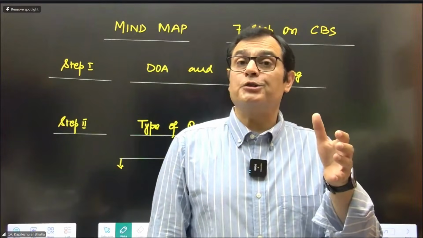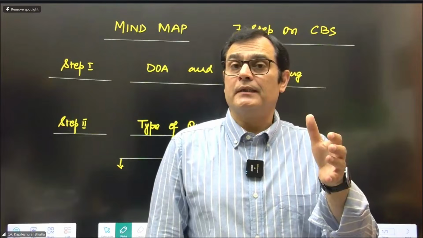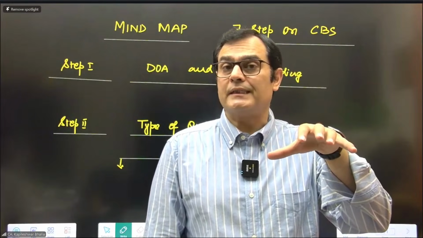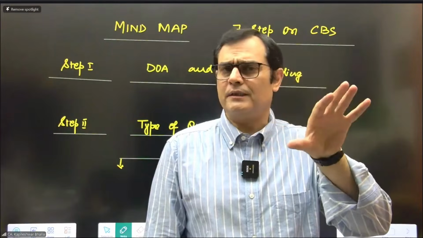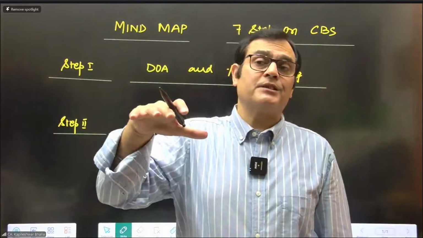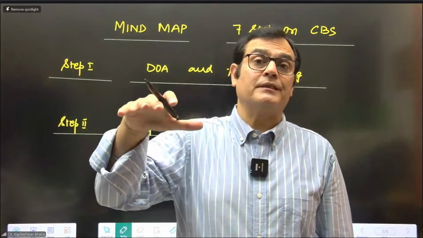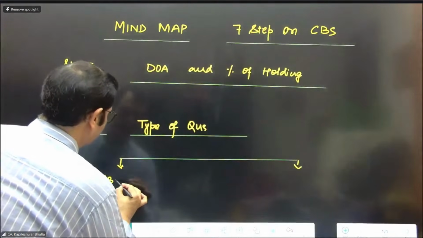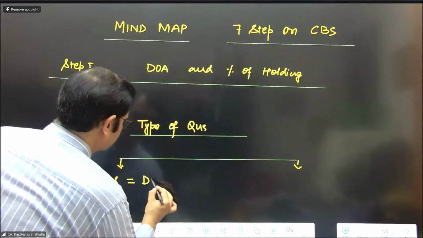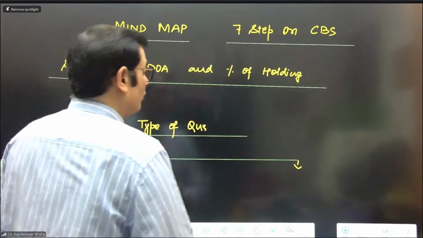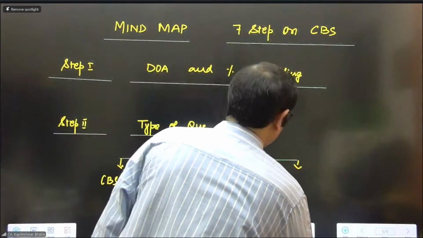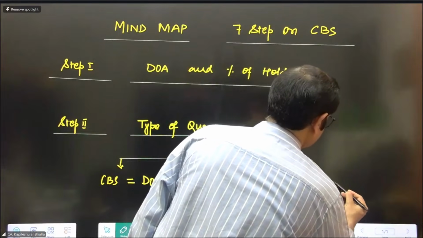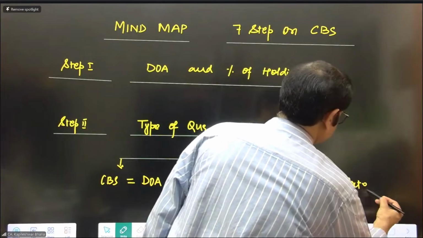Either the consolidation is on the acquisition date, that means the acquisition date and the balance sheet date coincide, with or without NCI, irrespective. And the second is that you're doing a consolidation at a later date. So you need to be watchful whether the consolidated balance sheet is as of the date of acquisition, or at a later date.